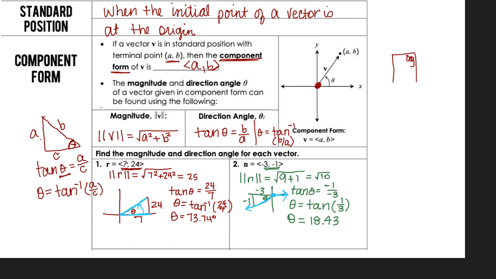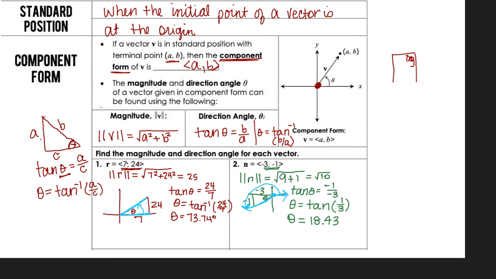So that whole blue sweep there of that angle, is that 18.43? That angle's bigger than that, isn't it? Do y'all see what I'm talking about? The blue angle. So it's from here to here. So that whole part is the angle that we're looking for. That's the direction angle of our vector.